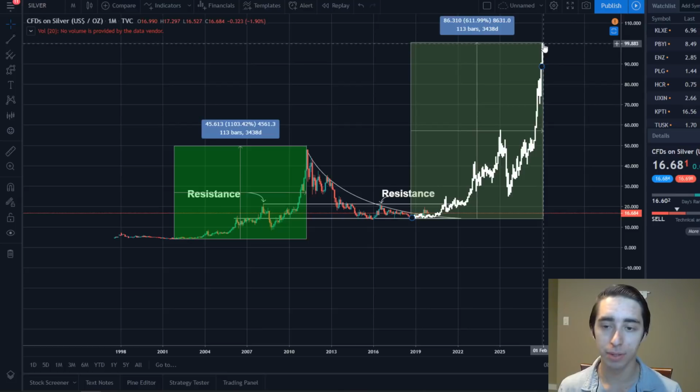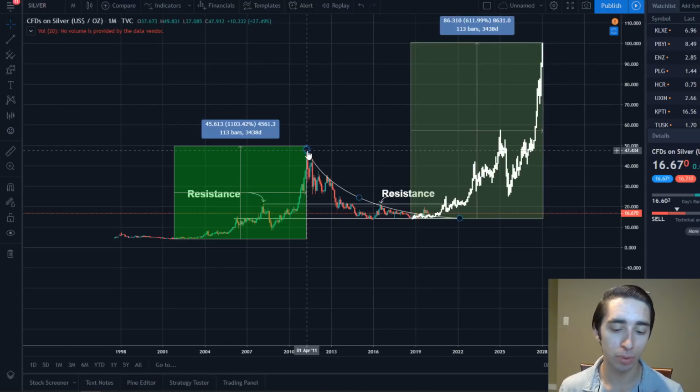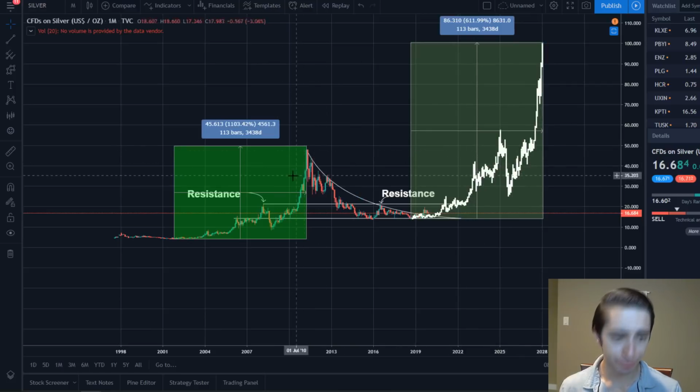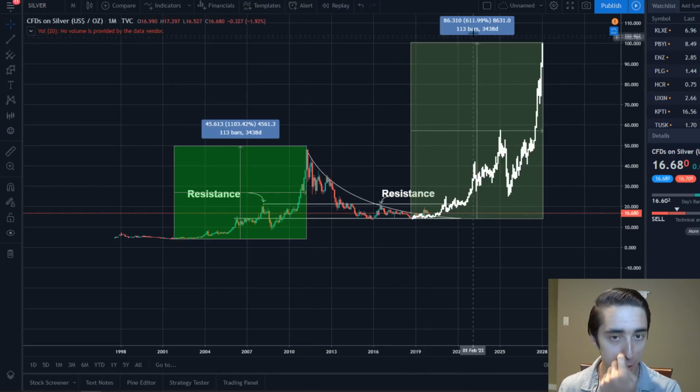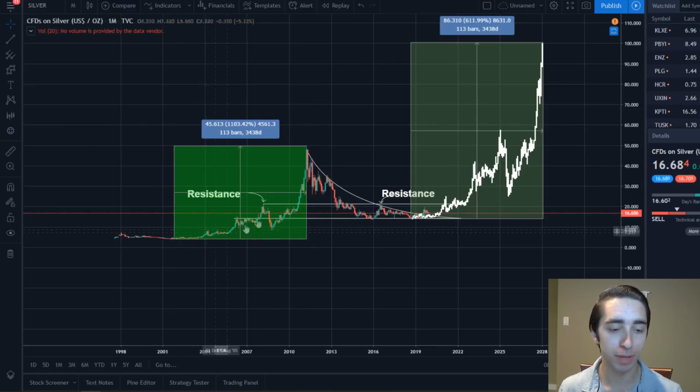And this time around, a very reasonable level would be something like $100, a 2x, all the way here over more than a decade. Or maybe, and we'll talk about the time from here in a moment, whether it's a decade or a decade and a half, to think that we could double from this level with all the inflation, with all the central bank policy, that's completely reasonable. That's not far-fetched. And from there, it's actually a lower return than what we got back here from 2001 to here in 2011.